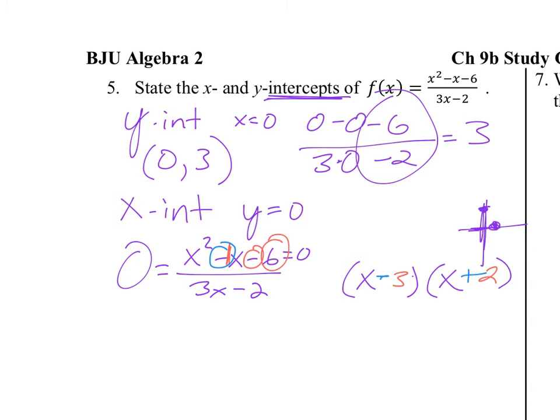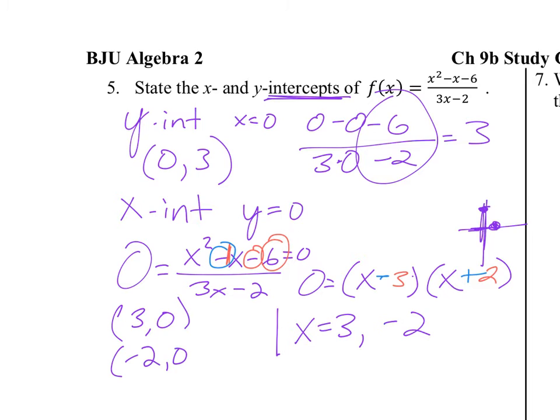Now, what I'm looking for is when these are 0. So x has to equal 3 or negative 2. Those are going to be 2 x-intercepts. Okay? So we're going to have 3, 0 and negative 2, 0.